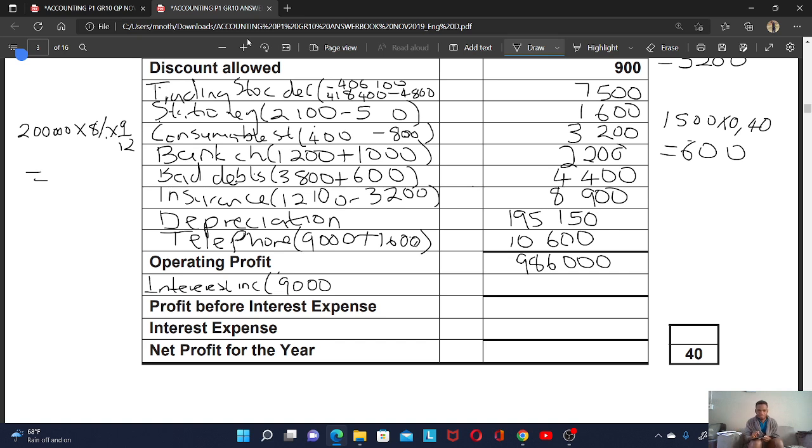The answer is 12,000. That is your interest income on the fixed deposit. It's 12,000. This means that it was outstanding by how much? By 3,000 rand. So we're going to say 986,000 plus 12,000 is equal to 998,000.